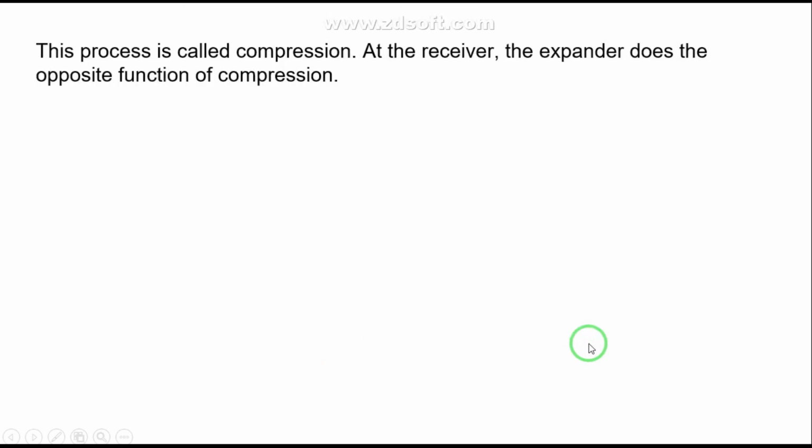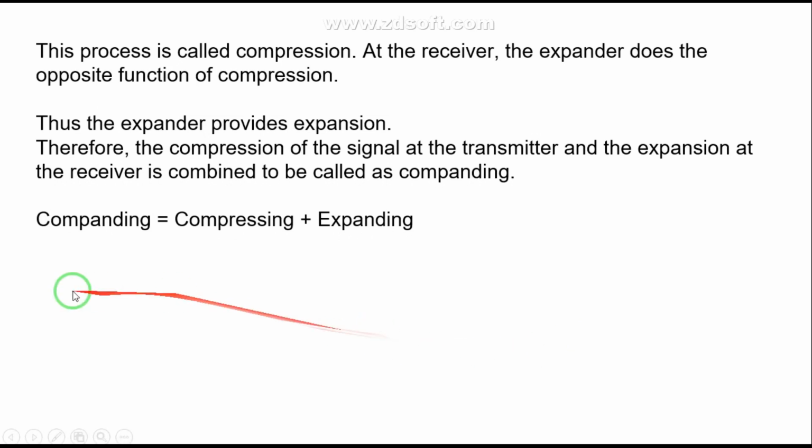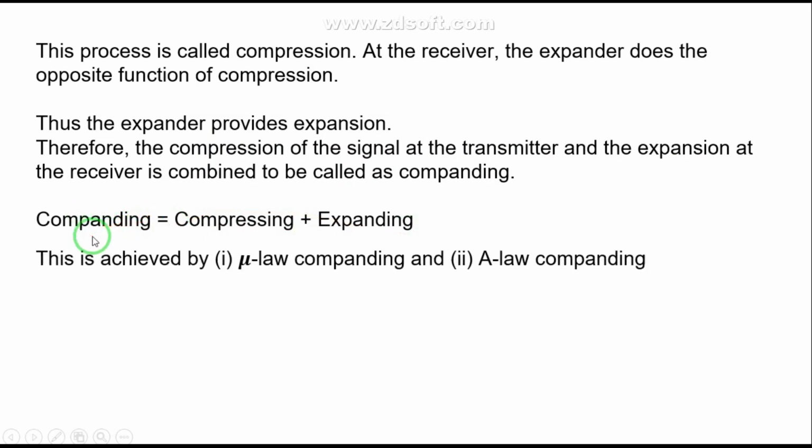So the combination of compression and expansion is called companding. Compressing plus expanding together make the word companding. And basically this is achieved by two laws, that is mu law companding and A law companding.